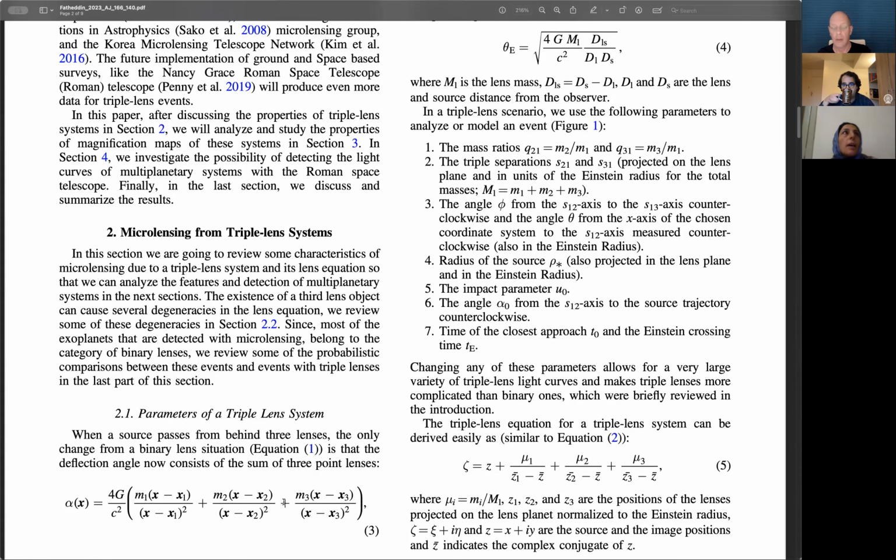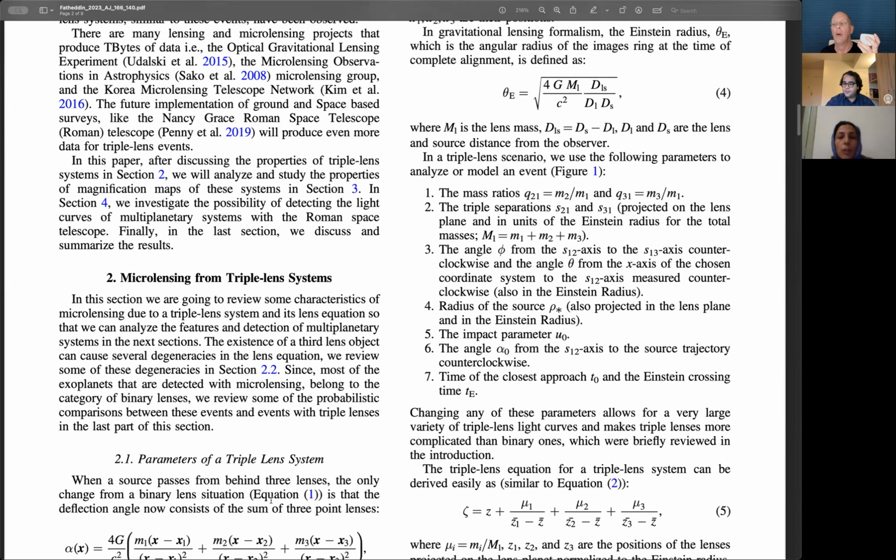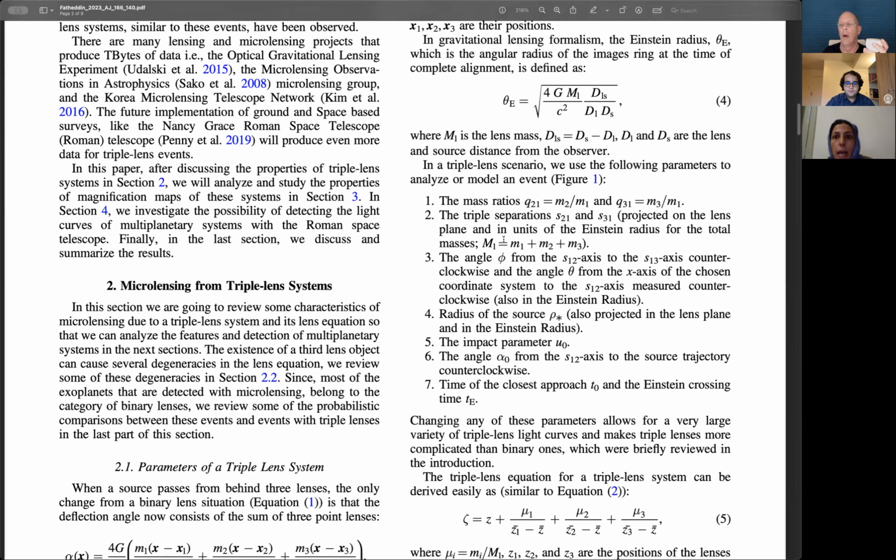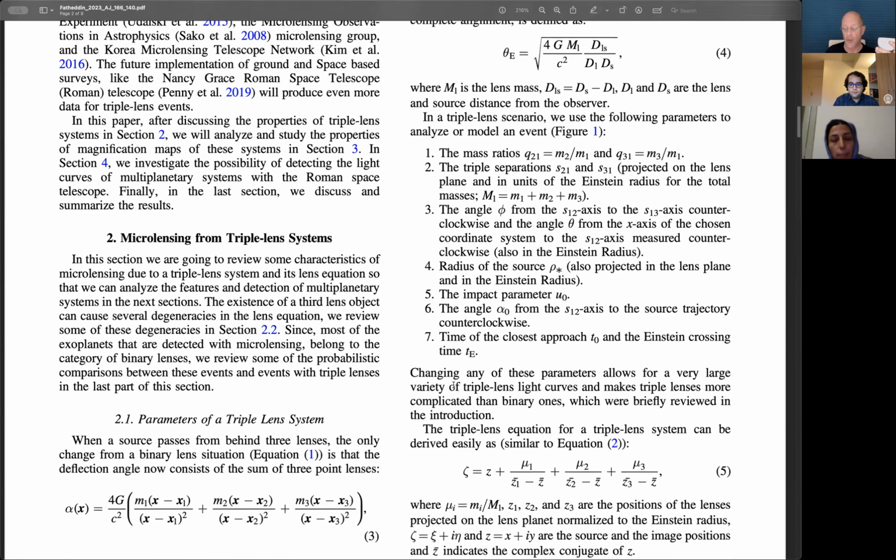It is a defined angular distance in the lensing formalism, according to the mass of the lenses, the host star and the 2 planets, all of them. We normalize the lens equation to this constant angular distance, and we reach equation 5, which is the lens equation for a triple system.